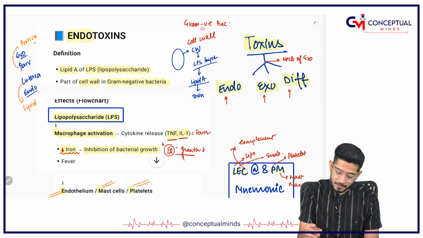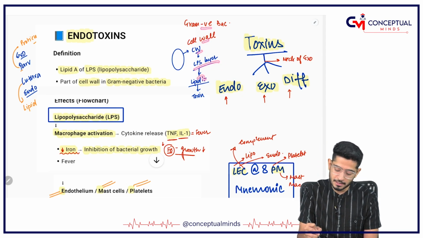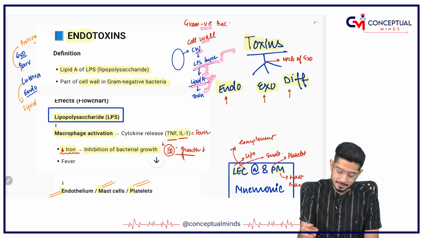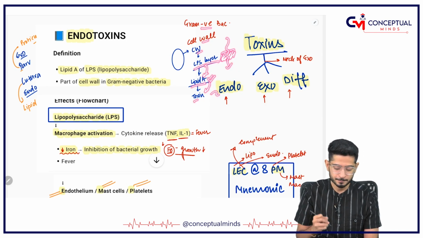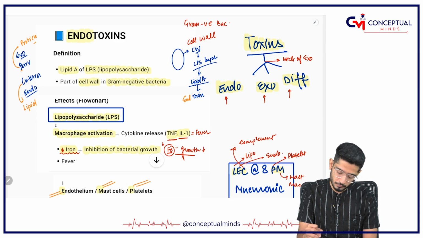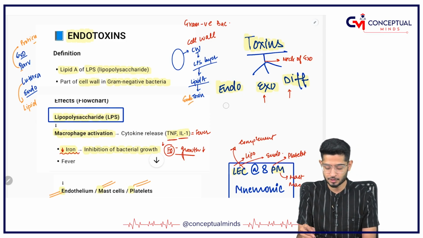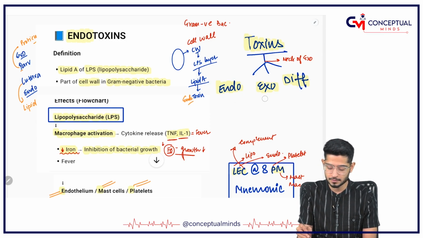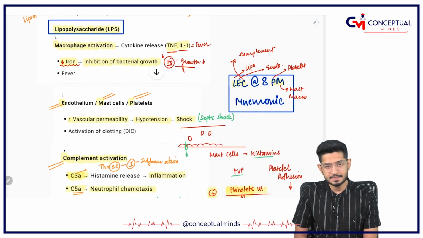The gram-negative bacteria has a cell wall which has an LPS layer. This LPS layer has lipid A, responsible for production of toxin. Which toxin? Endotoxin.